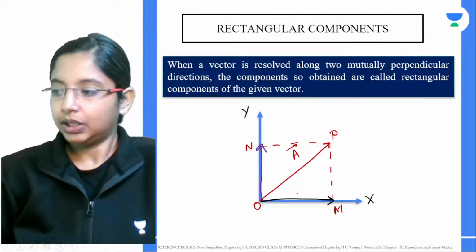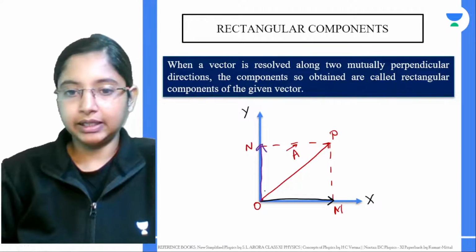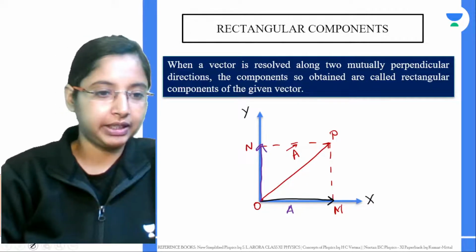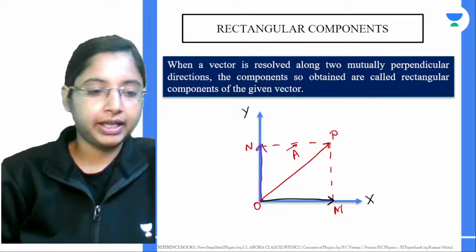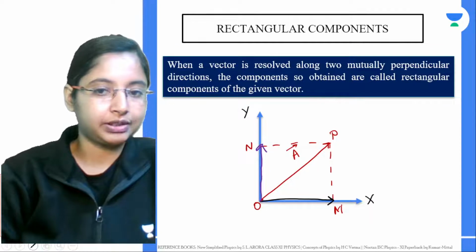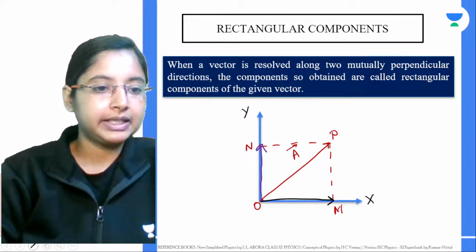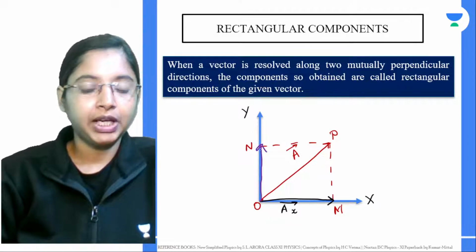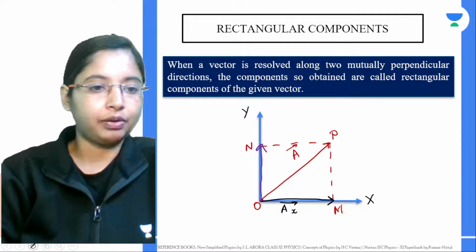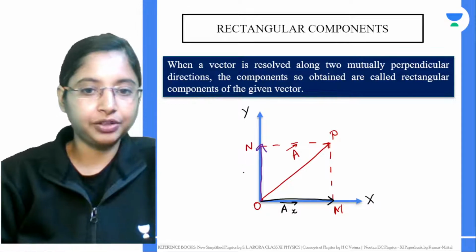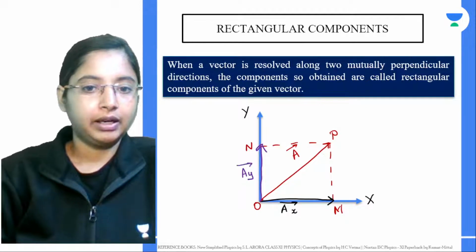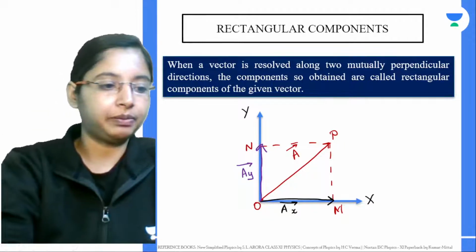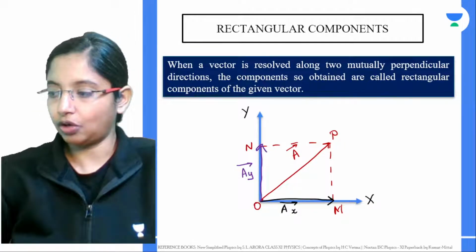This vector in the OM direction, because it is a splitting of the one A vector but is in the X direction, we name the AX vector. Because this is in the Y direction, we name it the AY vector. A single vector we have just split into two different components.